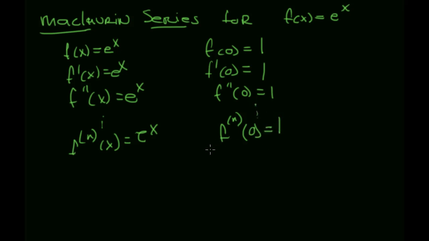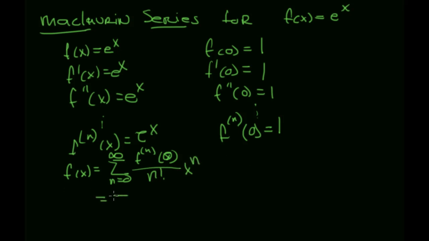Okay, so this means that if I use my Taylor formula, f of x is the sum from n equals 0 to infinity of the nth derivative of f at 0 over n factorial times x to the n. This becomes the sum from n equals 0 to infinity of 1 over n factorial, because all of these are just 1.